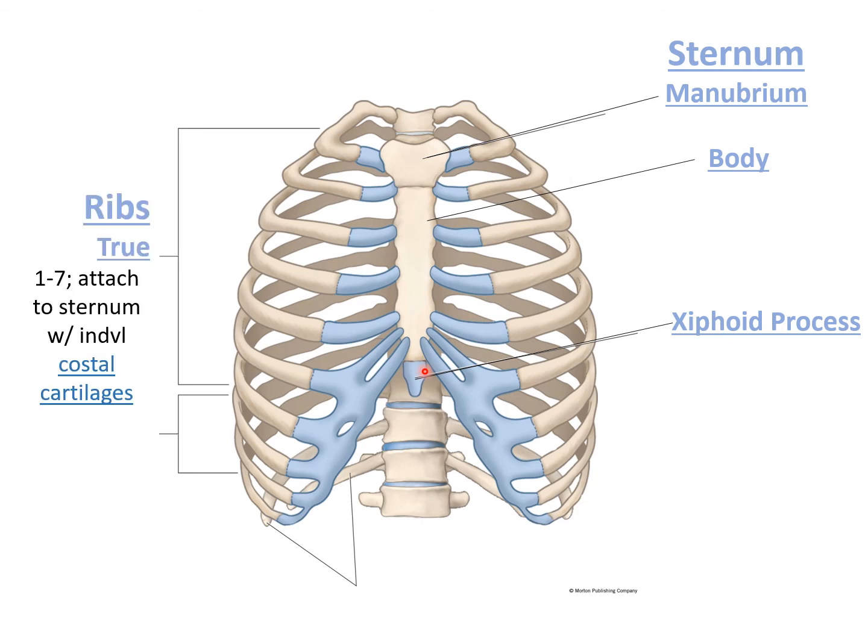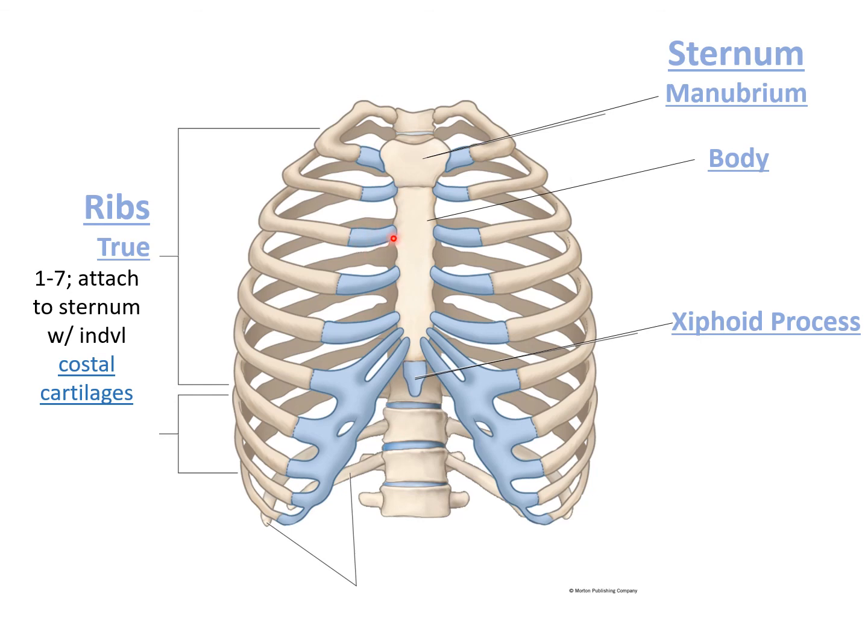Okay. Next, the ribs. Right? We have 12 pairs of ribs. The first 7 pairs of ribs articulate, of course, directly with their vertebrae in the back, right, with those costal facets. And on the anterior side, they're going to articulate with the sternum via their own independent costal cartilage. Okay.